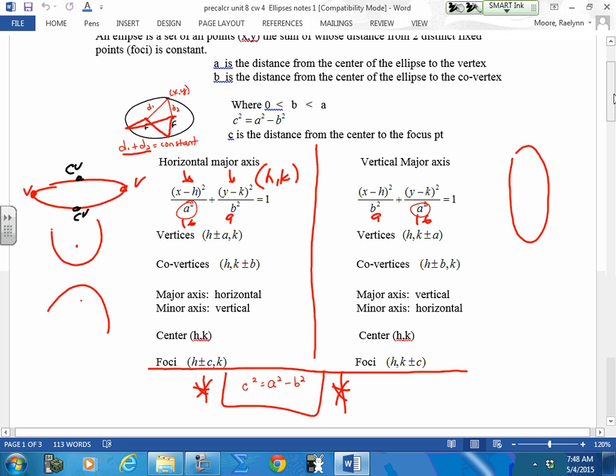So we're going to sketch the center. We're going to find the distance between here and the distance between here, and we're going to sketch that. Major distance, minor distance, depending on which one is your major vertices. And your foci come at equal distance on both sides of your center.